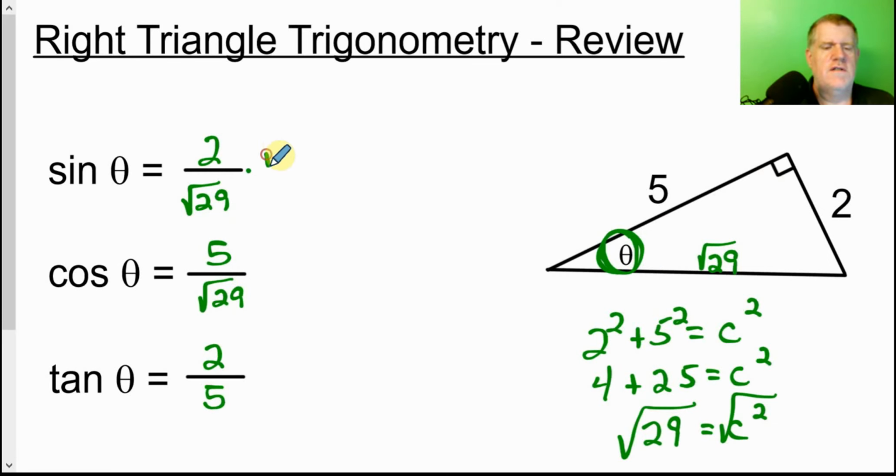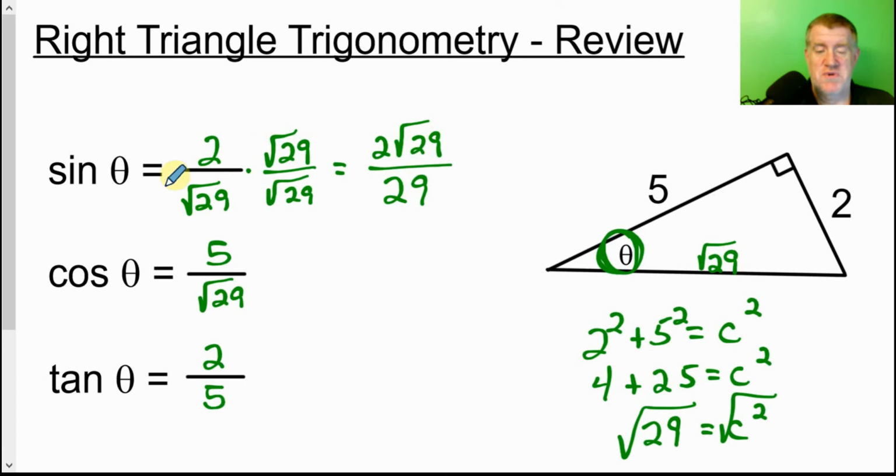All right. And how do we simplify a radical? Or rationalize a denominator, I should say. You multiply it by, really, itself. Root of 29 times root of 29 is 29. So this answer doesn't look any better, does it? Like, it's not more simple than that, but there's no denominator that is a radical.